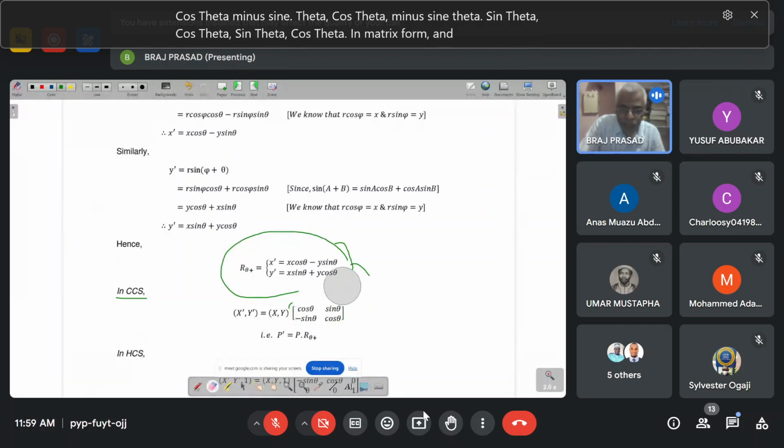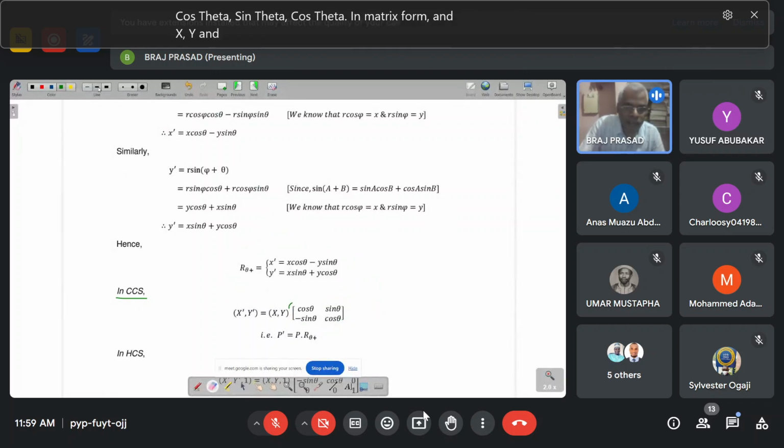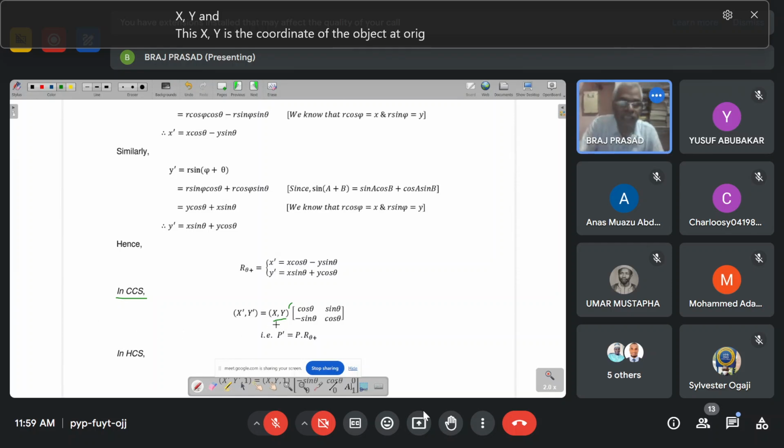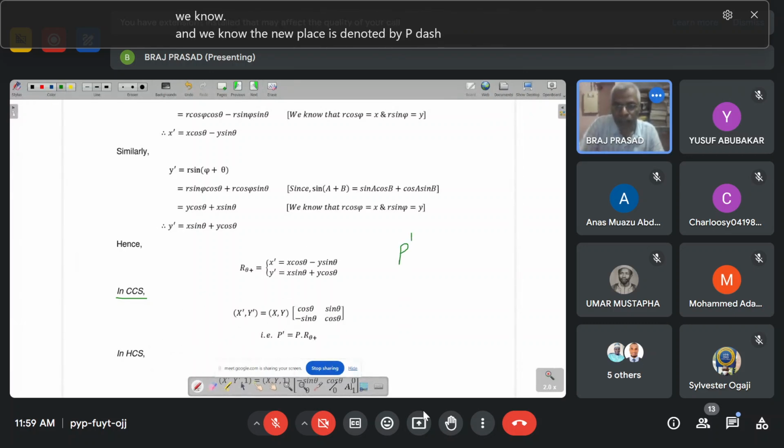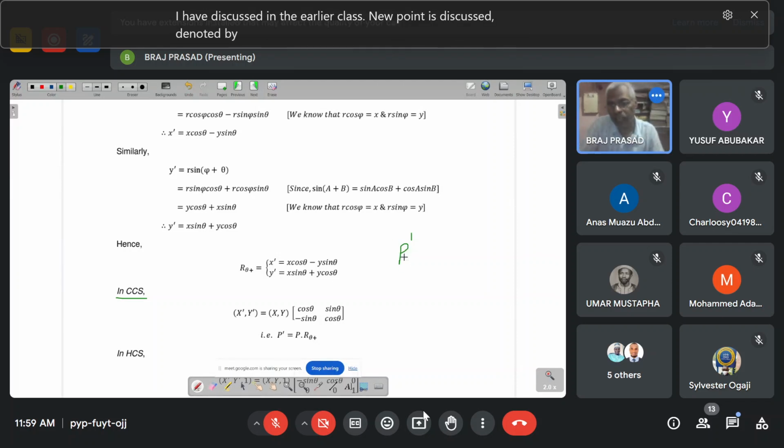And x, y is the coordinate of the object at the original place, and x dash, y dash is the coordinate of the object at the new place. And we know the new point is denoted by p dash, as I have discussed in the earlier class, and the original point is denoted by p, and this is our rotation vector.